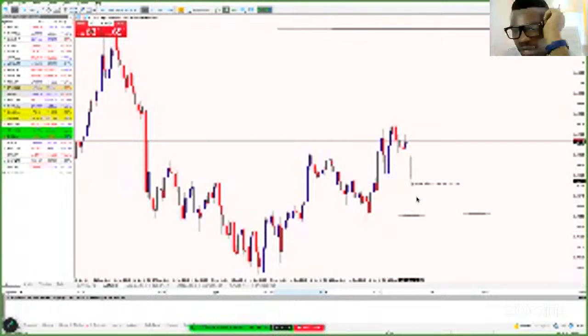So if we are doing a 50 pip stop loss on AUD USD, that stop loss will be at 1.101. Let me bring the horizontal line. 1.101. Let me edit this line. Properties of the line.